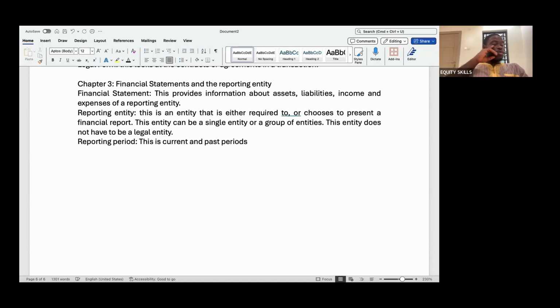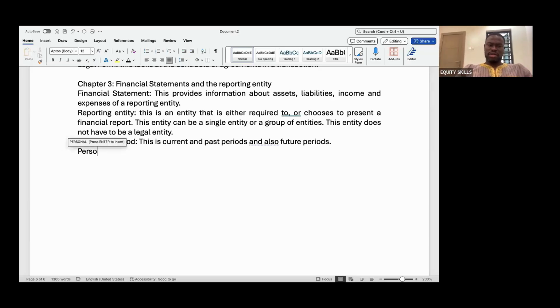So when we talk about reporting period in reporting, it's talking about current and past, which supports the fact that when you're presenting your report, you don't just present the current year, you also present the immediately preceding period and also future periods as well, because we expect that financial reports should have predictive value. So you should give us some notes around your future plans and all of that.